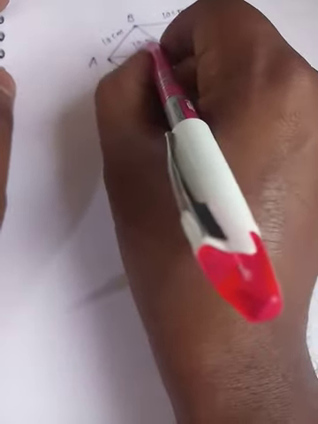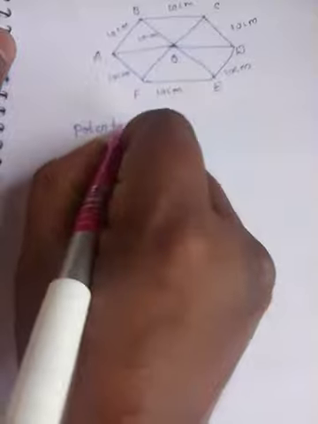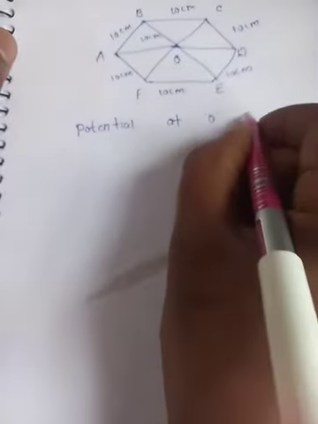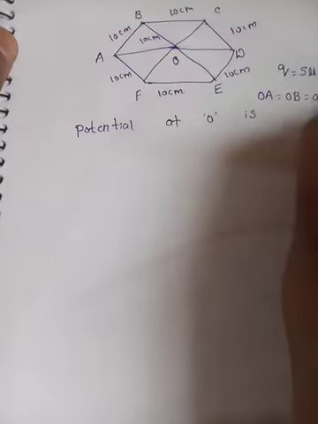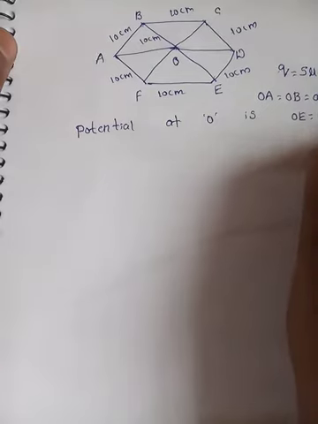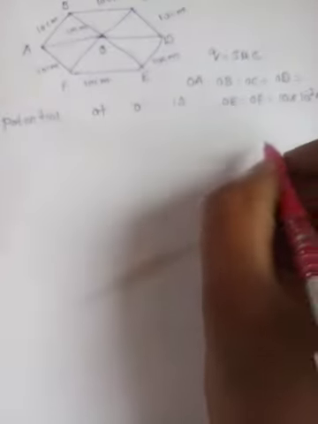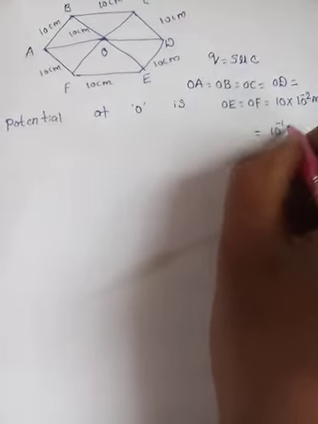This distance is also 10 centimeters. So now we can easily calculate the potential at O. What is the charge on each vertex? Q is equal to 5 microcoulombs. And distances OA equals OB equals OC equals OD equals OE equals OF, that is 10 into 10 raised to minus 2 meters, which equals 10 raised to minus 1 meter.